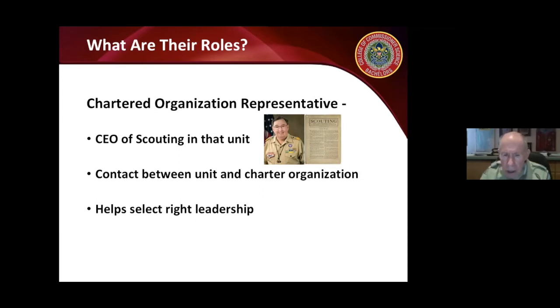When leadership needs to be changed or enlarged, the COR definitely needs to be involved with selecting those people. We want people who have a willingness to serve, as well as a love for youth.